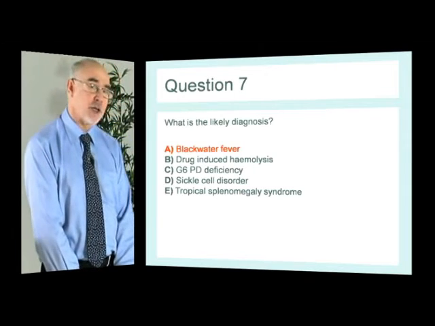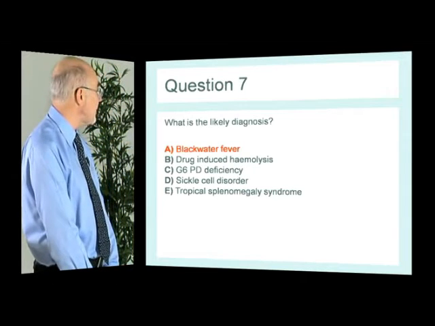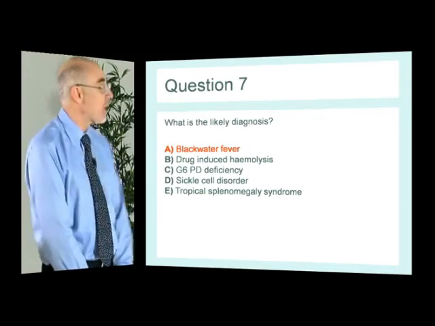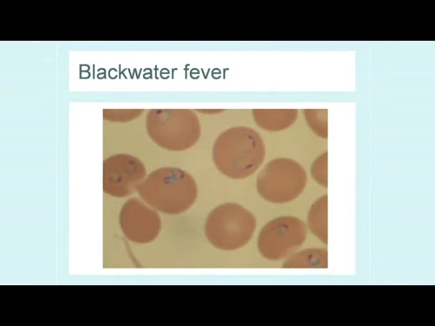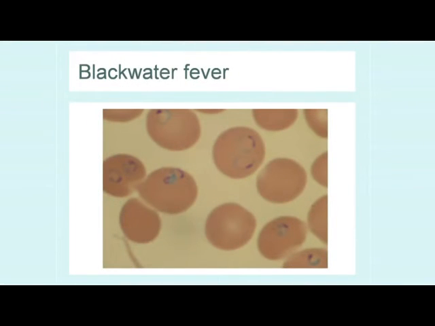Let's consider the diagnosis of blackwater fever in a little more detail. This is associated with a heavy falciparum infection of the red cells. On the screen you can see these malarial parasites, characteristic of falciparum, that is, there are often more than one parasite in an infected cell. They have the characteristic signet ring appearance with the red chromatin dot.